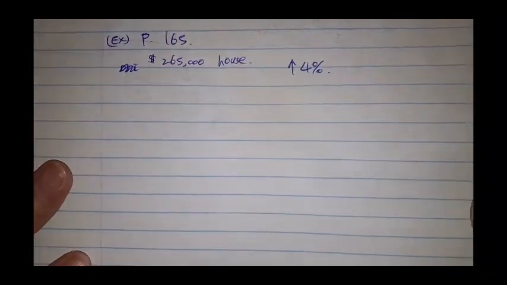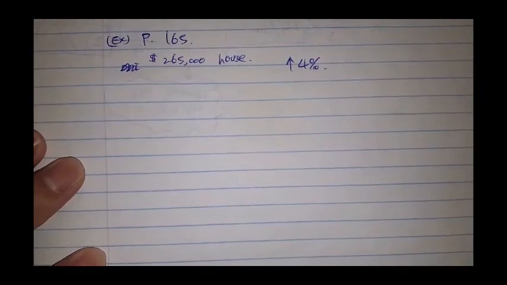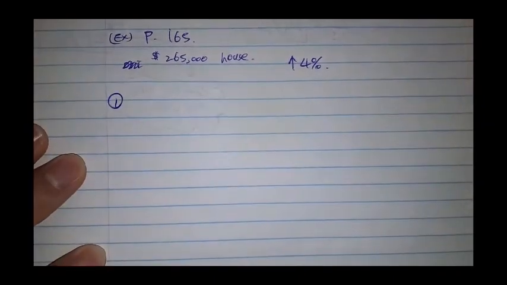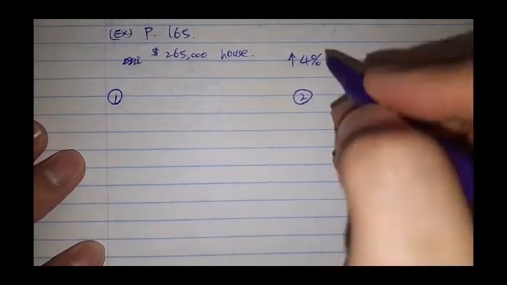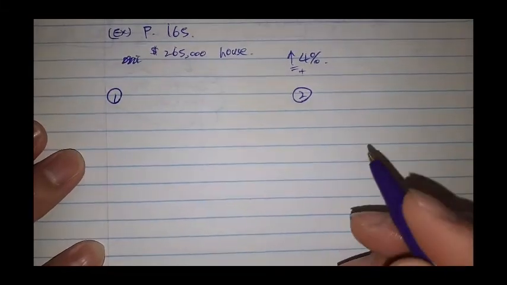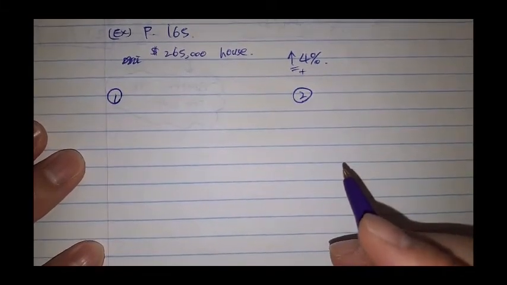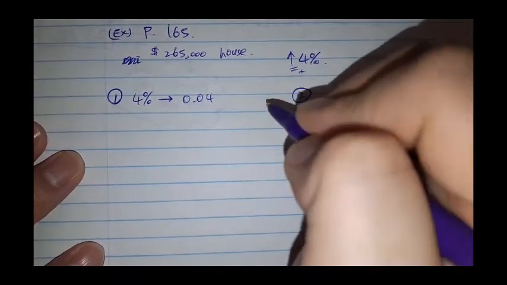Related to this, I'm going to use two different methods again. One method is like what we did before, a small two-step method: find out the percentage worth, and then in this case, since it's an increase, that's positive, so you add it. For the second one, we're going to do percentage analysis. First things first, 4% converted into a decimal is 0.04.